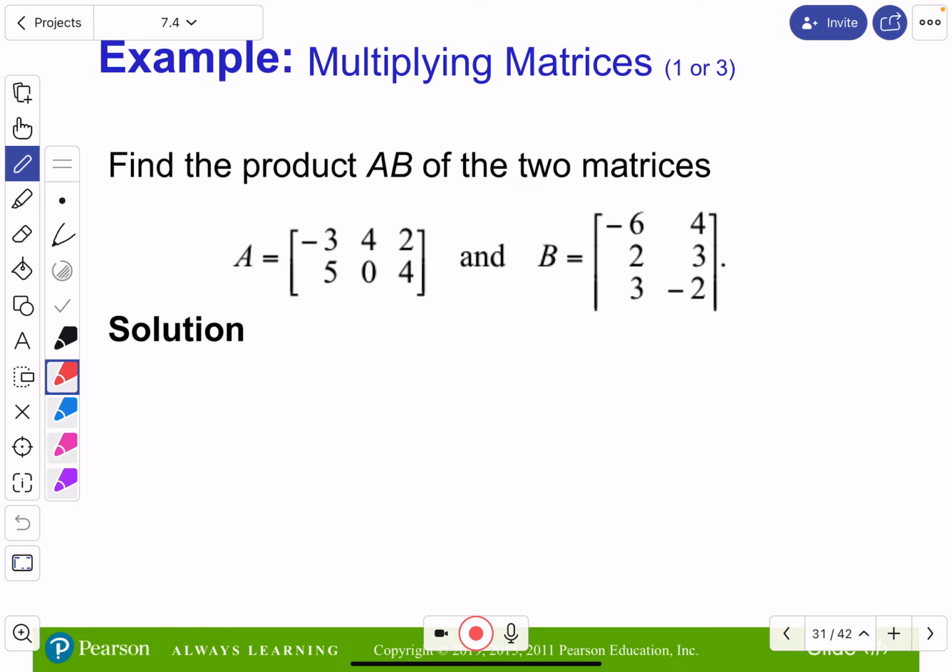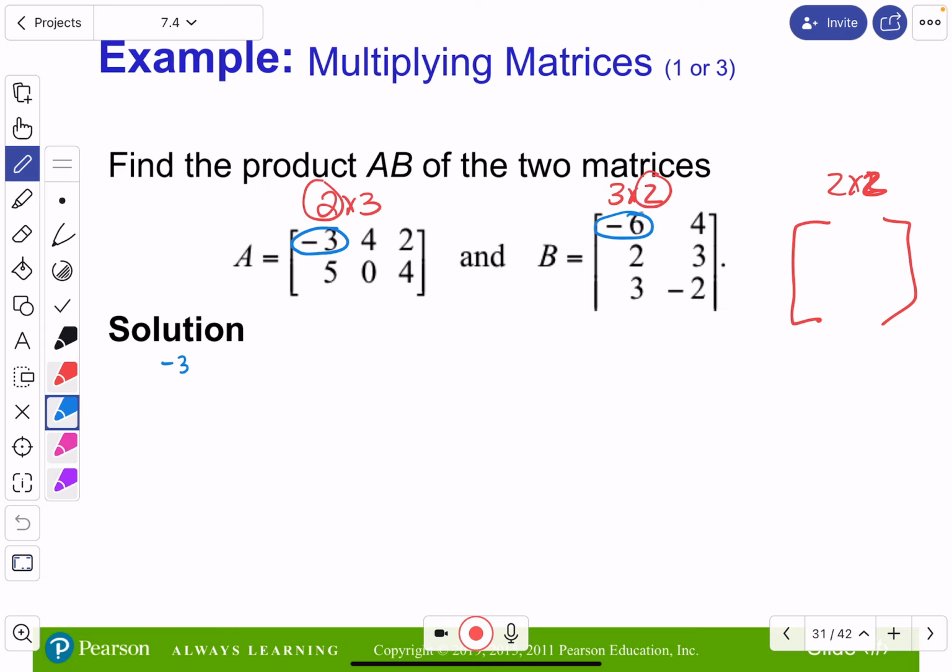So I'm going to show you how to multiply. This is a 2 by 3, and this is a 3 by 2. So our inside numbers work, and our answer is going to be a 2 by 2 because that's the outside numbers. Now to actually do out the multiplication, you're going to take the first term in the row and the first term in the column and multiply.